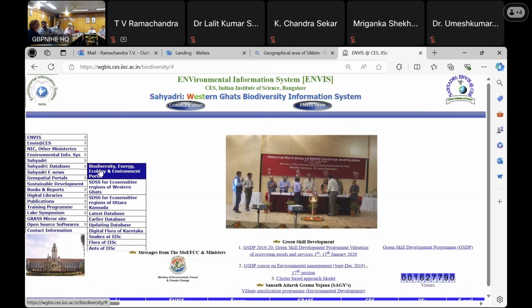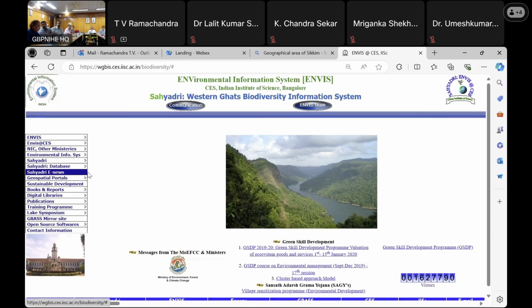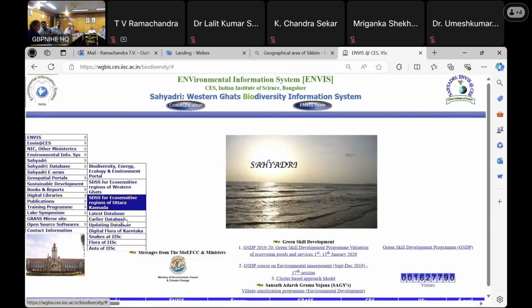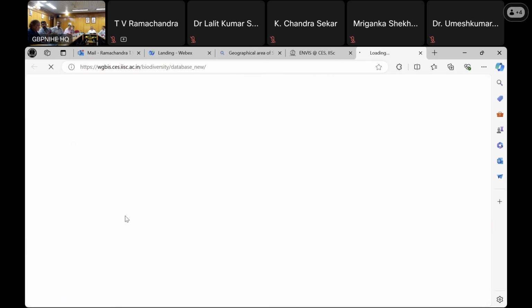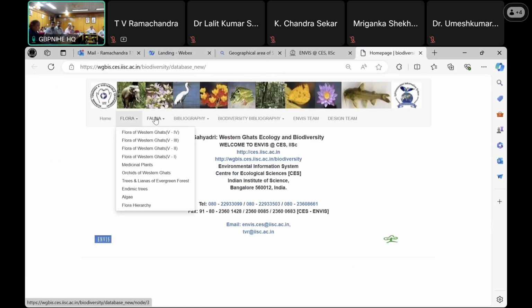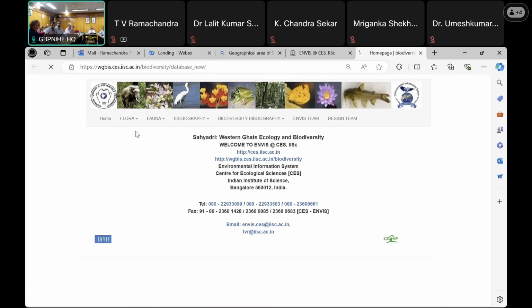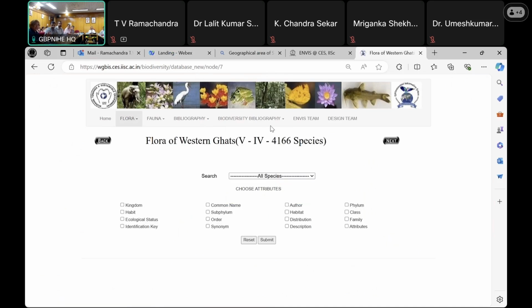You have the biodiversity section, and it gives the various information about flora, then the fauna, then also the literature, all those things. This is what we initially started. When you take flora, you can choose this one, and all the details regarding the flora are provided there. This is the initial stage of the work.